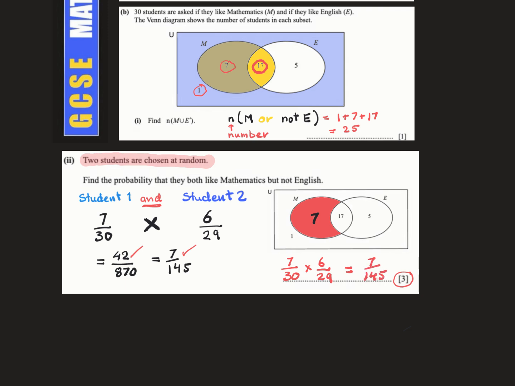That's the 3 marks. You have a mark from 7 over 30, a mark from 6 over 29, and you'll also get a mark for this. Well, that's it for this question.